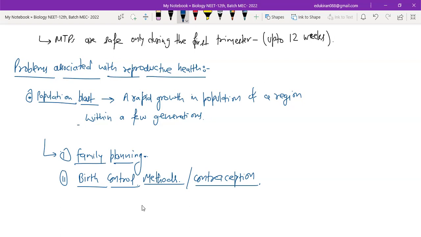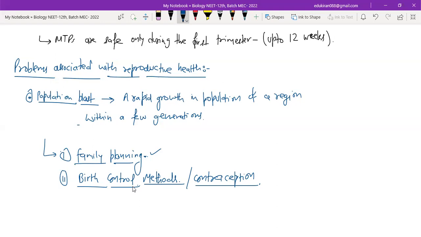So write down. Family planning helps. About this point first, write down. Family planning helps. Atif, am I audible to you? You join back again. Yes, sir. Write down.